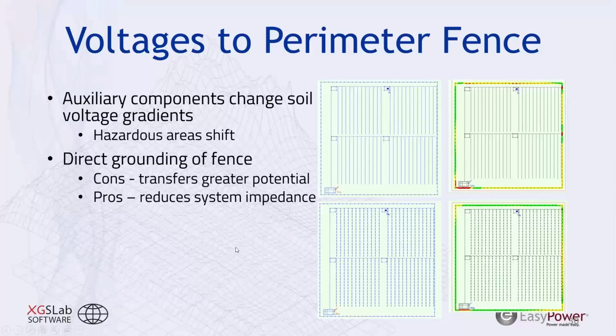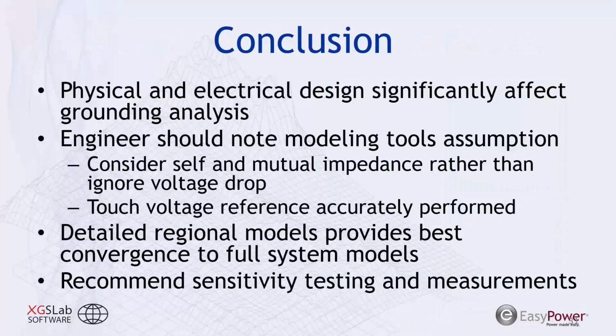So in conclusion of this webinar, there are a lot of physical and electrical design considerations that are going to dramatically affect your photovoltaic system and the corresponding grounding system performance. Engineers really need to have a good understanding of the tools they're using, especially if they are evaluating self-impedance and mutual impedance rather than ignoring that voltage drop and how it's making that touch voltage reference, to make sure that what they're analyzing is providing accurate results.